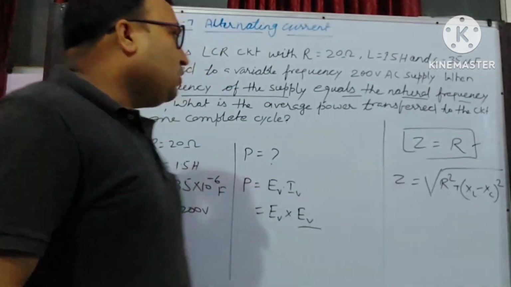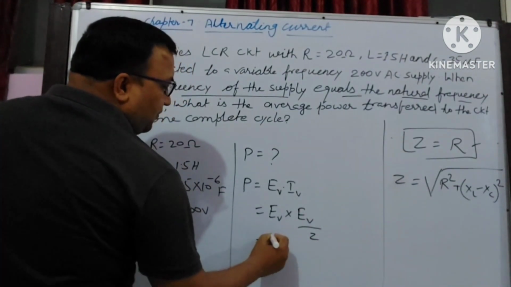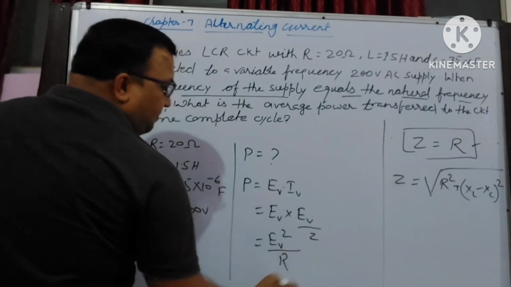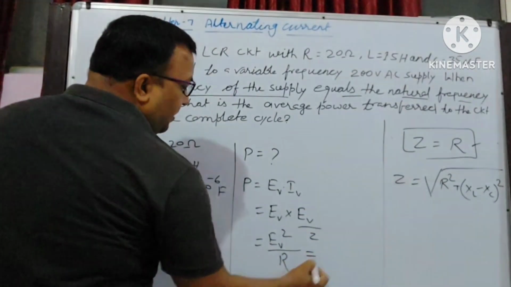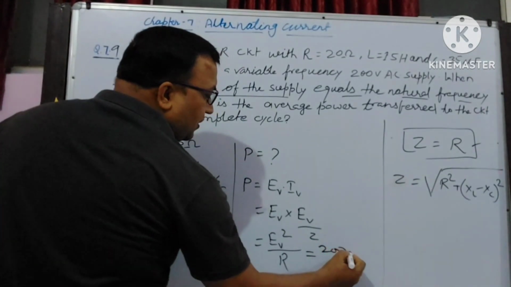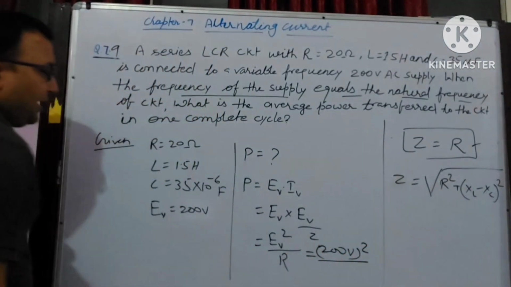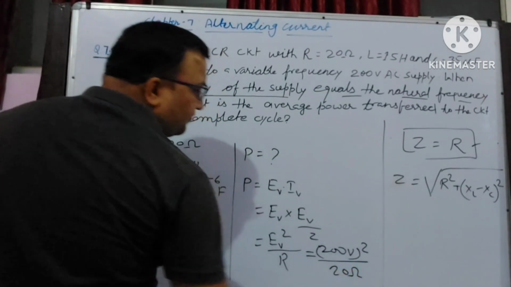Z equal to R, where Z is the impedance. So EV square by R, in place of Z I can put R. Now it's very simple. Put down the value: 200 volt whole square divided by resistance, that is 20 ohm.